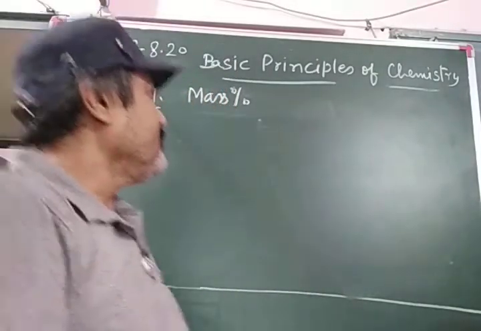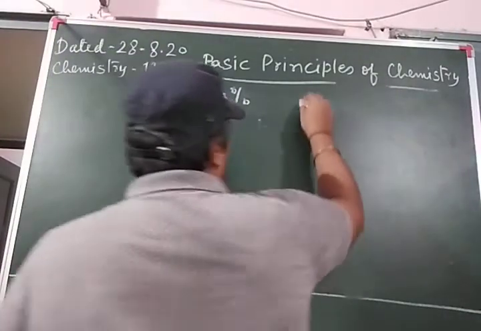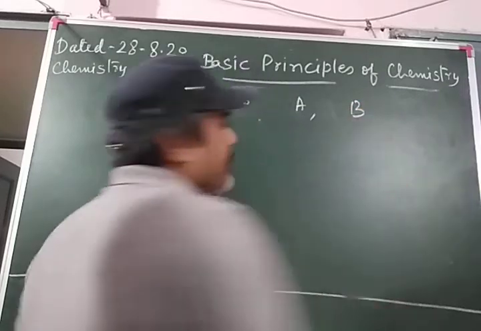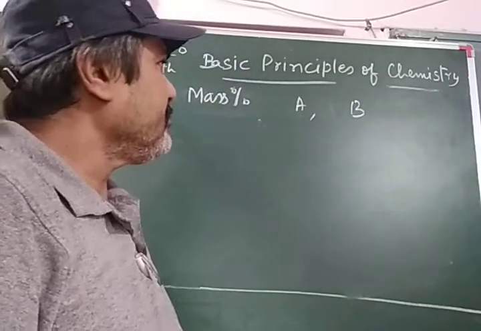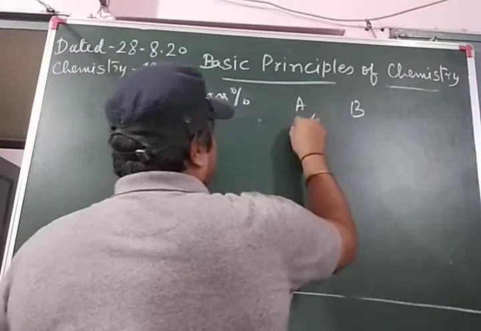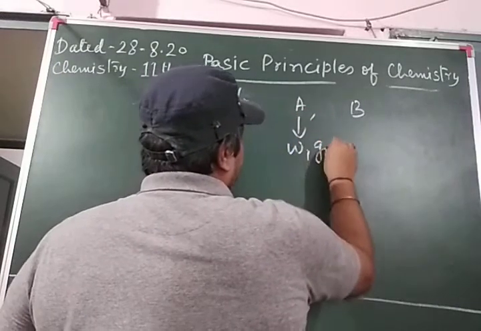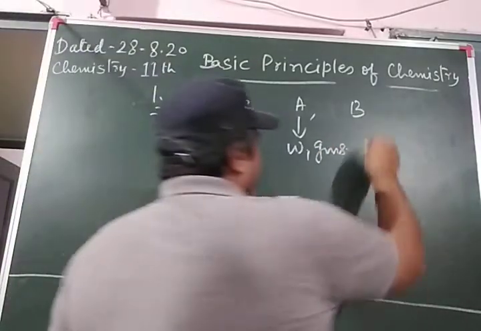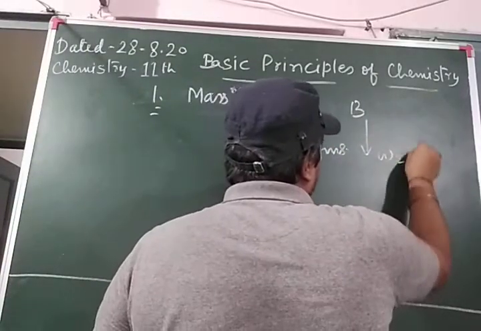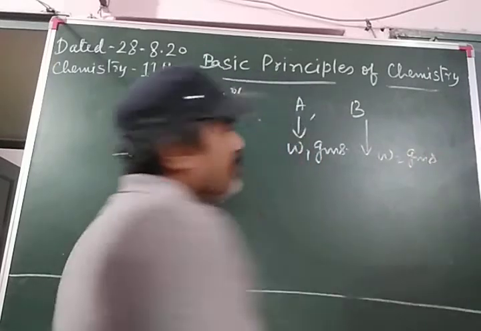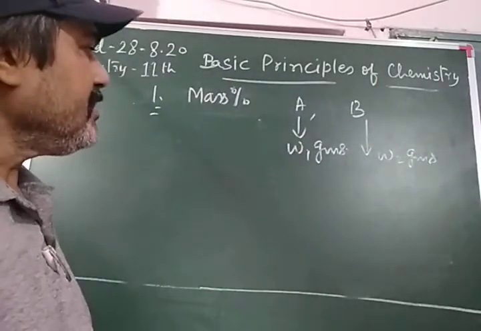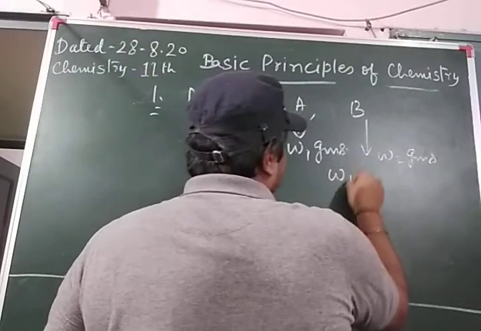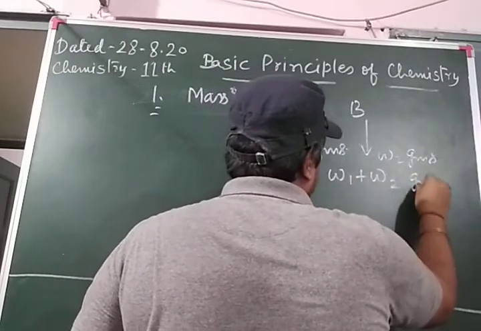So let we have a solution which contains two components, let A and B. Let W1 grams of A is dissolved with W2 grams of B. Is it clear? Then the total mass of the solution will be W1 plus W2 grams.